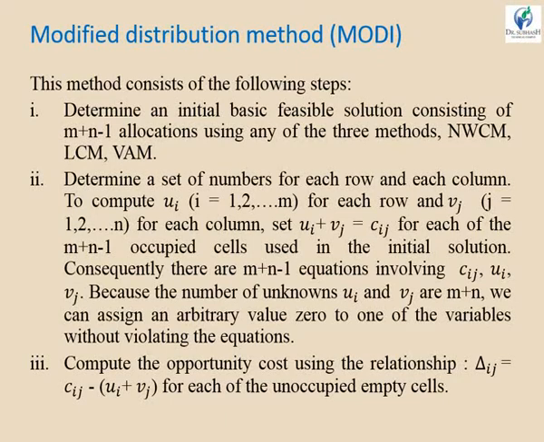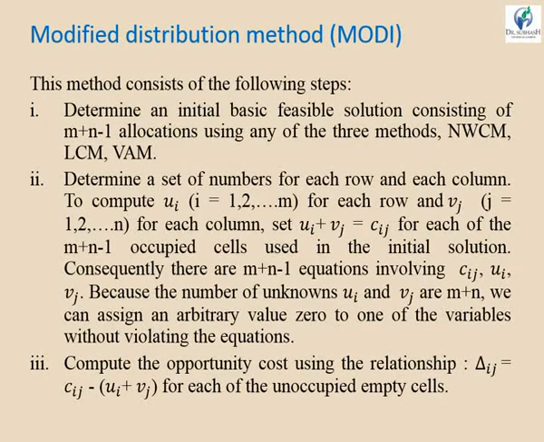Then determine a set of numbers for each row and column. For rows we will use ui, where i stands for 1, 2, 3 up to m, and vj stands for columns. Depending on the number of rows and columns, we will find ui and vj.